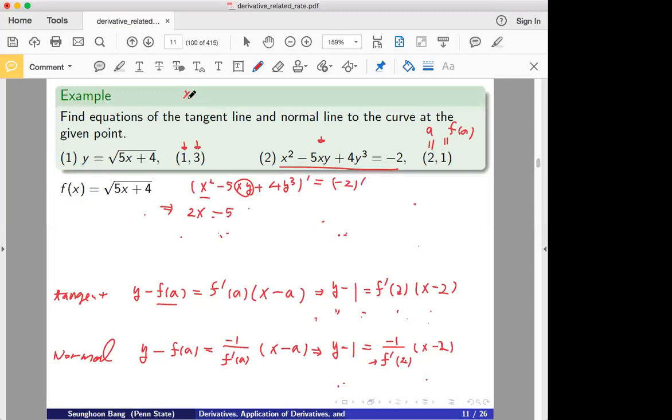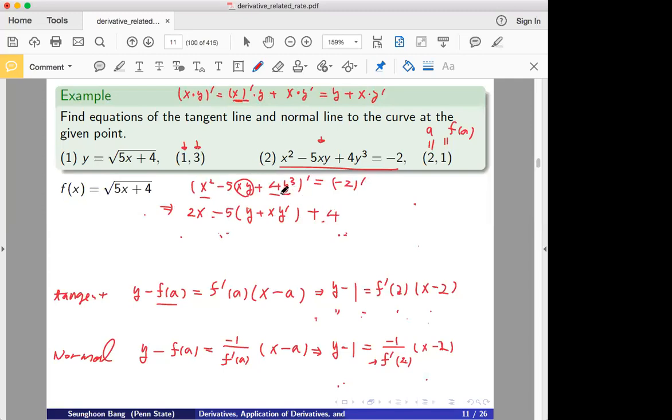You can write x times y prime as x prime times y plus x times y prime. X prime is just 1. So y plus x times y prime.